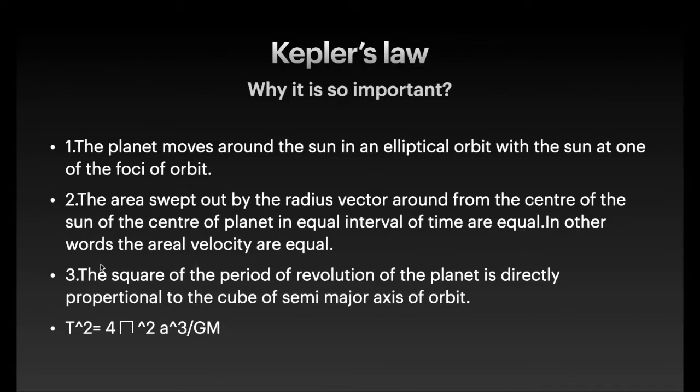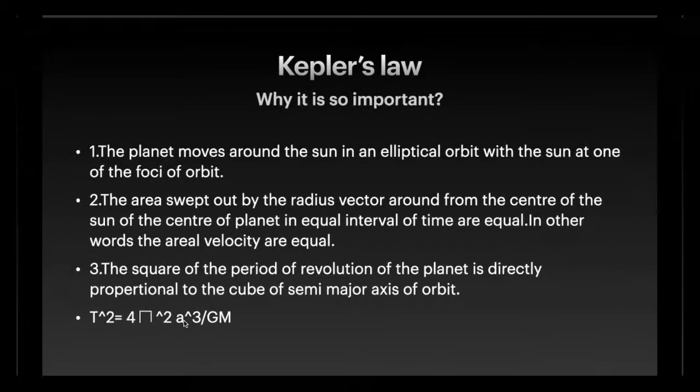In other words, the areal velocity is constant. Third, the square of the period of revolution of the planet is directly proportional to the cube of the semi-major axis of the orbit. T square is proportional to a cube.